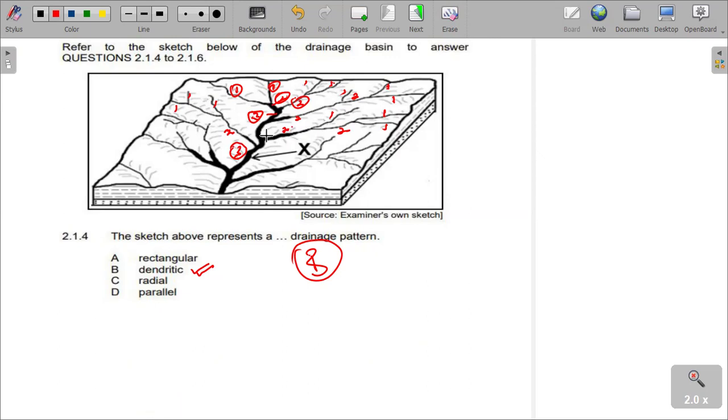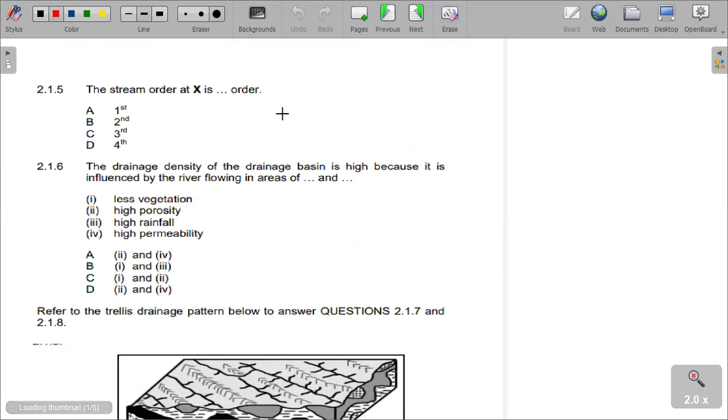As you can see there, second order stream and second order stream, when they join together, we are going to form a third order stream. So our question is saying, what is the stream order at X?